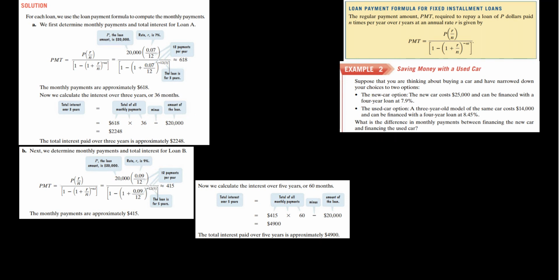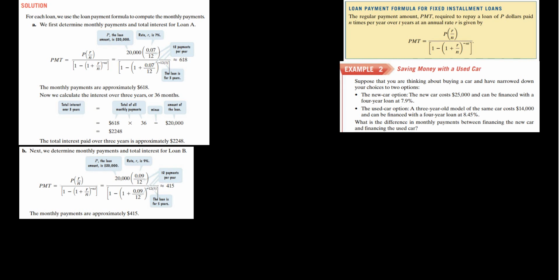Same car can be financed with a 4-year loan here, and then we're wanting to know the difference in monthly payments between financing the new car and financing the used car. Well, here we have 3 years of payments, and here we have 5 years of payments. So let's actually delete those, and we'll do our interest on our own here. Because we should be multiplying this by 48, not 36 or 60.